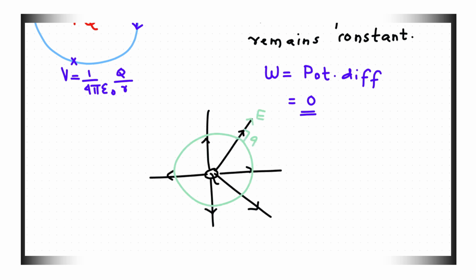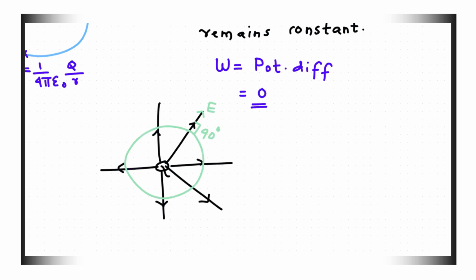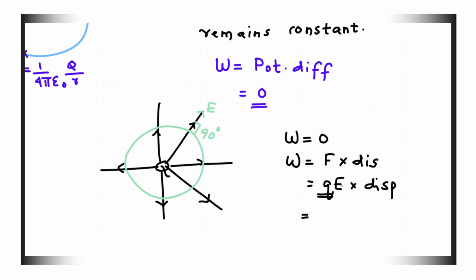The reason for that is, we already know that the work done is 0. But what is the expression for work done? Force times displacement. And what is force? QE into displacement. Take it as a unit charge, then it will be E into displacement ds, actually it is F dot ds. So this will give us F ds cos theta.